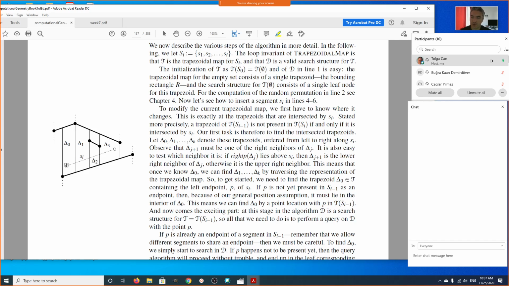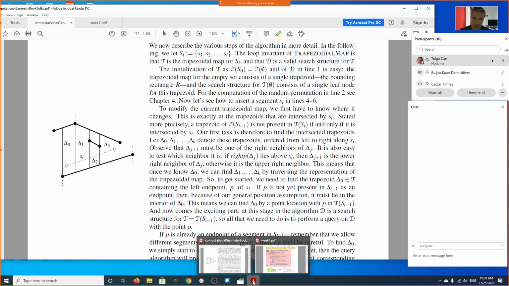If we know this trapezoid, we are going to have an extension from the left endpoint to the top of delta 0 and to the bottom of delta 0. And from Q, we have the last trapezoid that is intersected. Again, we are going to use its top and bottom to modify the trapezoidal map. And how do we modify the search structure?